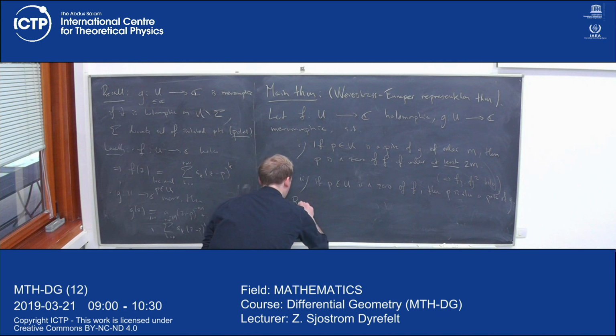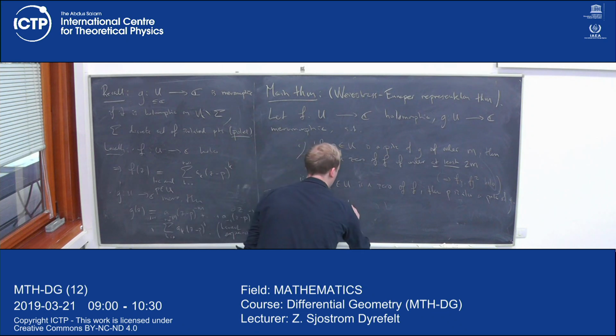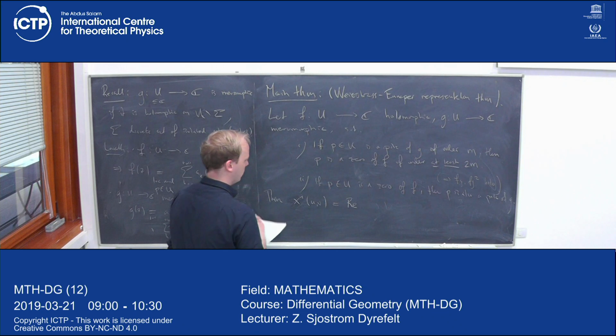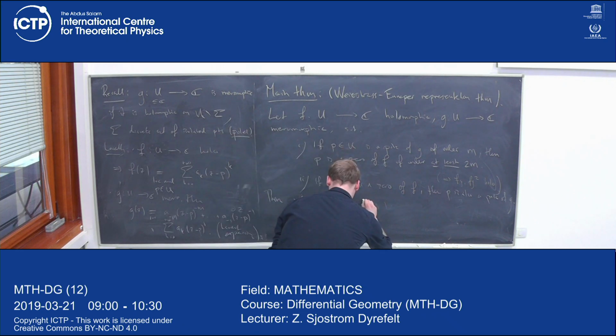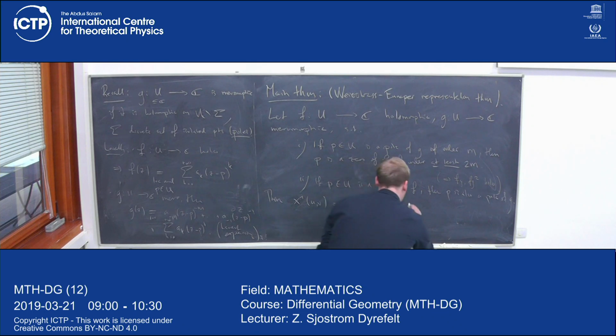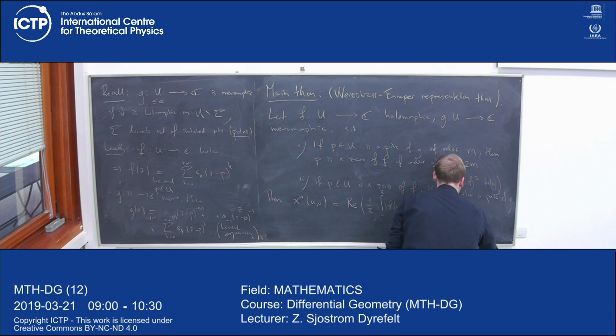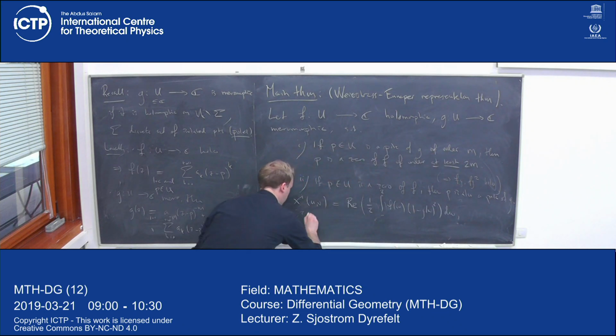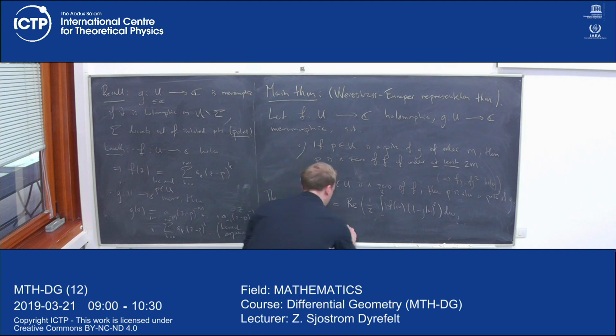Then x1 of uv is equal to the real part of 1/2 times the integral from 0 to z of f of w times 1 minus g of w squared dw. x2 of uv is equal to the real part of 1/2.